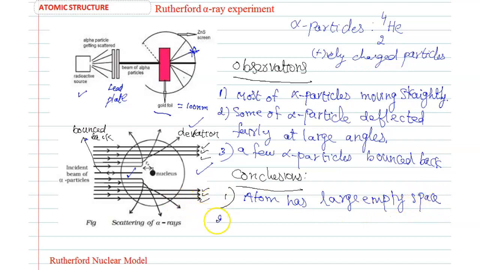The second point is that some of the alpha particles are deflected at some angle. Deviation occurs. Why does this deviation occur?